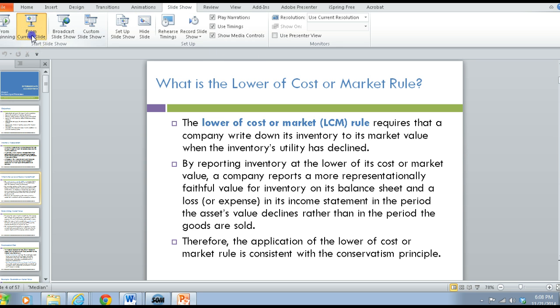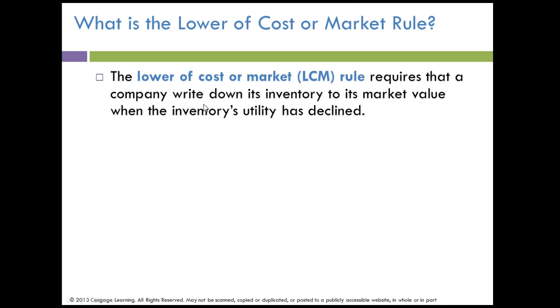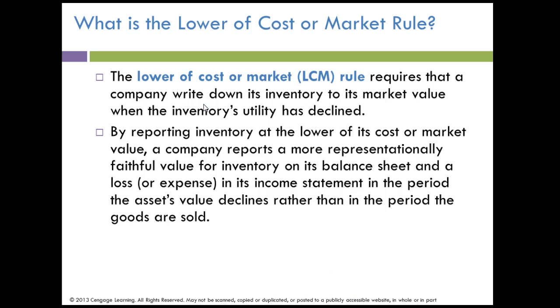So moving on here, with the lower of cost or market, basically when inventory becomes obsolete or not worth what it previously was, then we need to write it down because we need to be conservative in our valuation and report the inventory at either the lower of the cost we purchased it for or the market value.